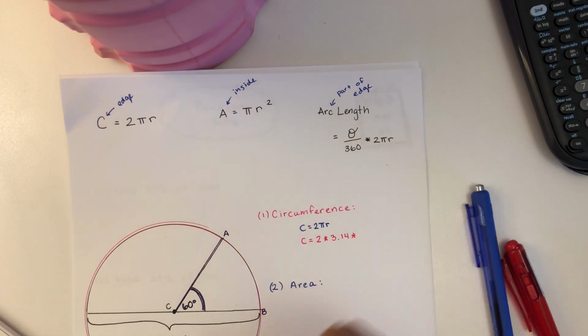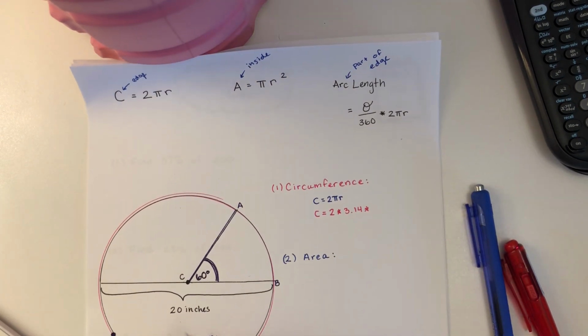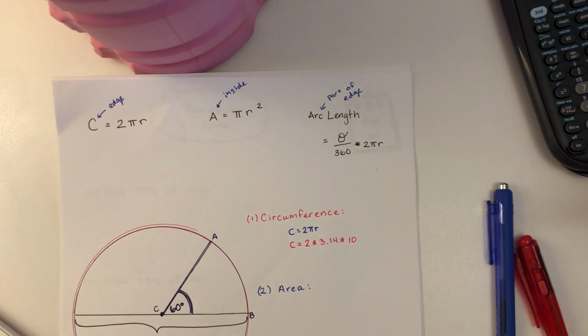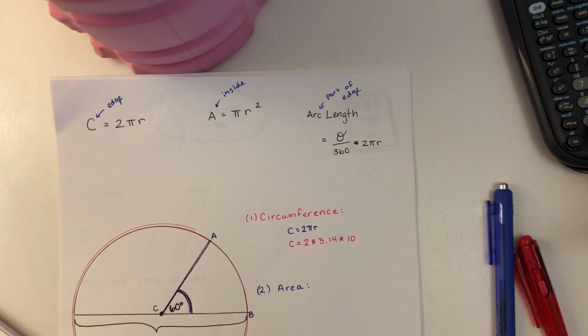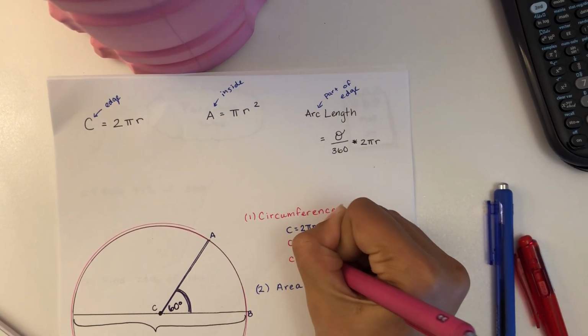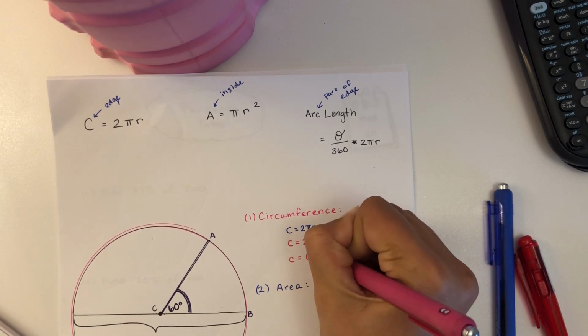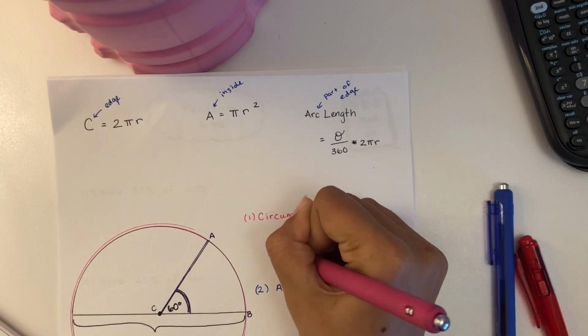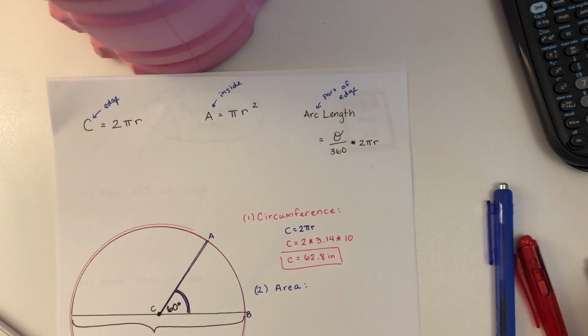And then radius, remember our radius was 10, not 20. All right, 2 times 3.14 times 10. C equals 62.8 inches. Cool.